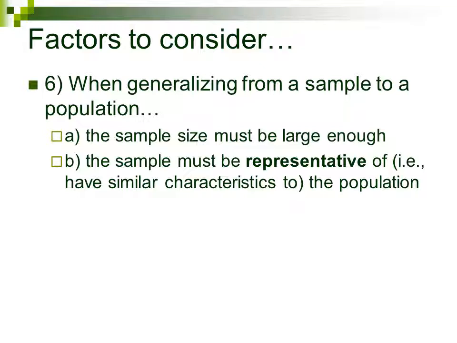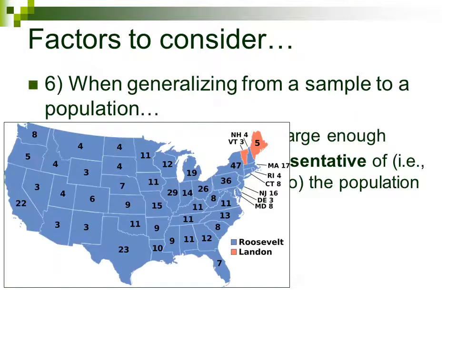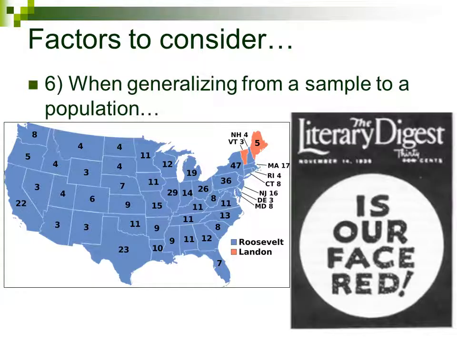So their sample, even though it was large, wasn't representative of the U.S. population. It had too many wealthy people, and so their conclusion was wrong. In the actual election, Landon only received 8 electoral votes, tied for the fewest for a major party candidate, and this mistake led Literary Digest magazine to exclaim, understandably, "Boy, is our face red."